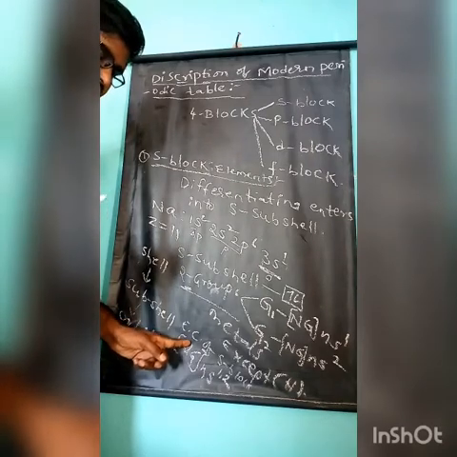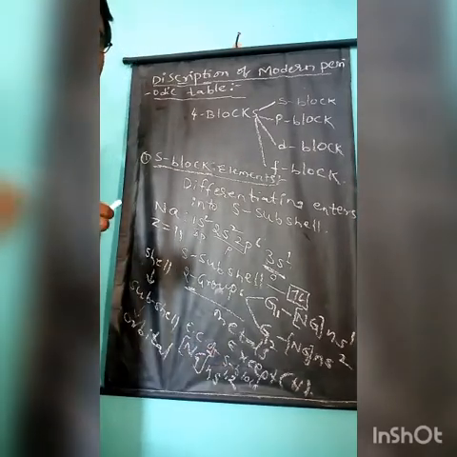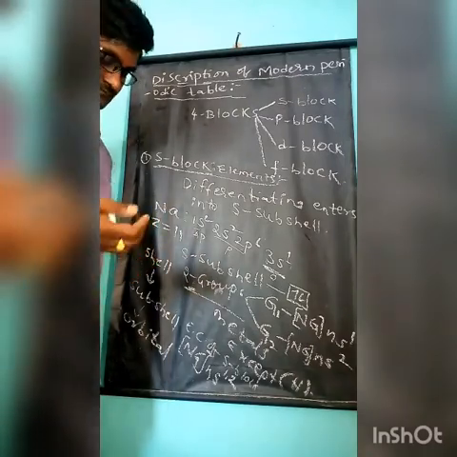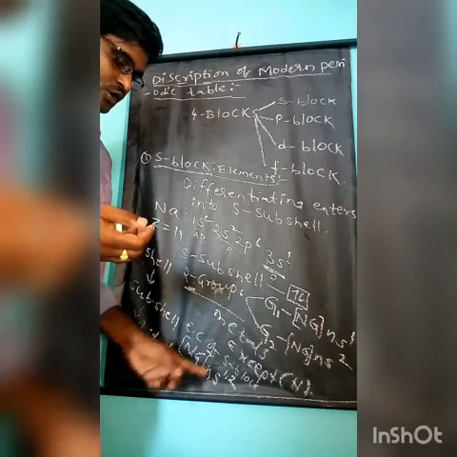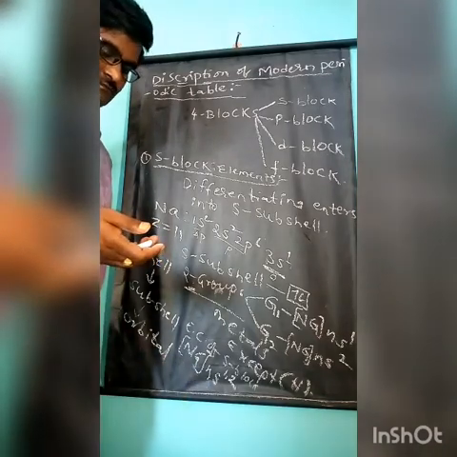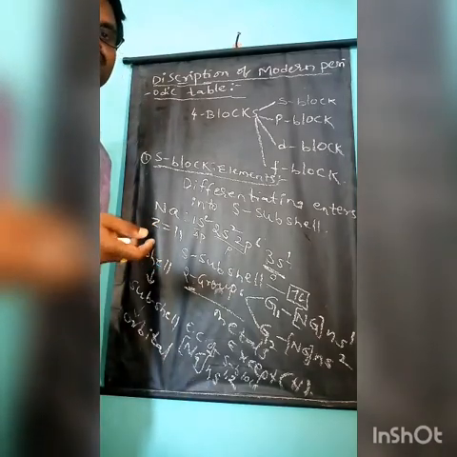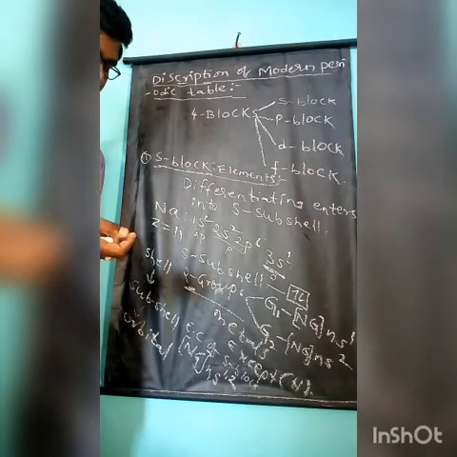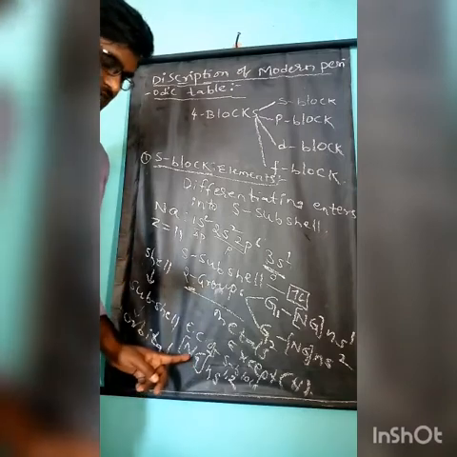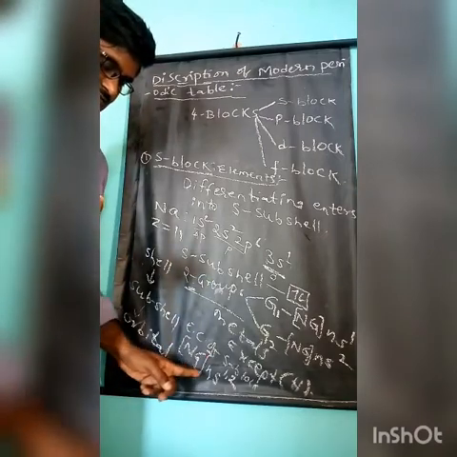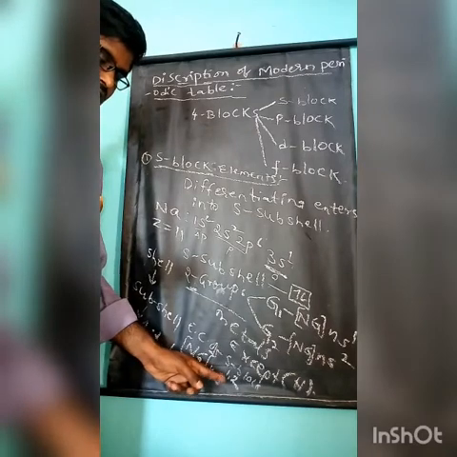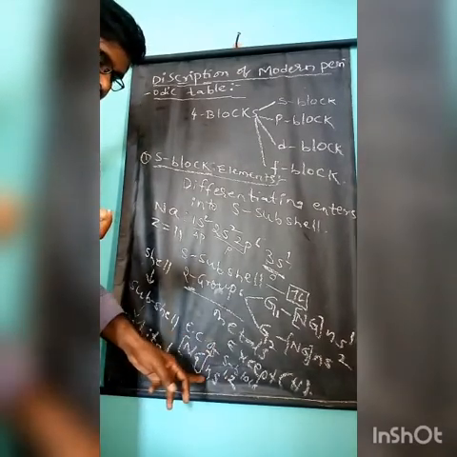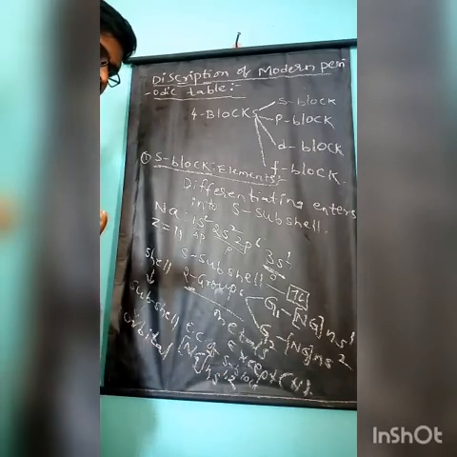The general electronic configuration of s block elements is noble gas ns1,2.